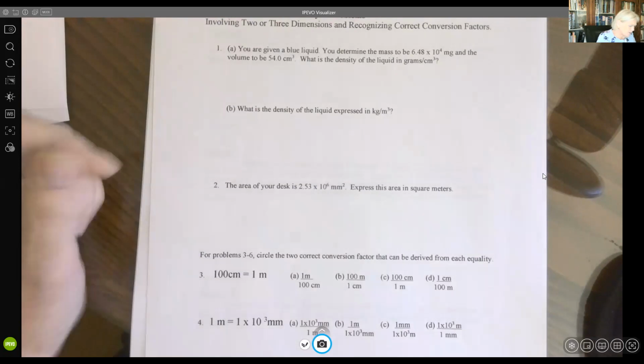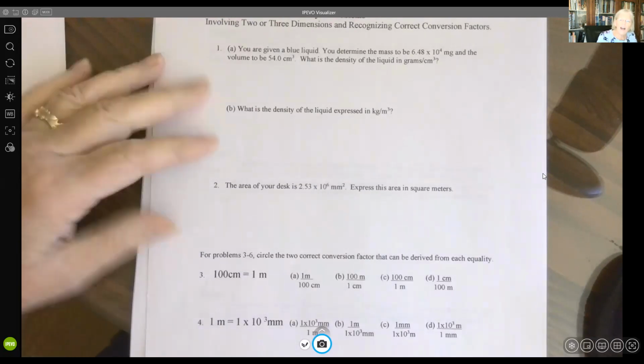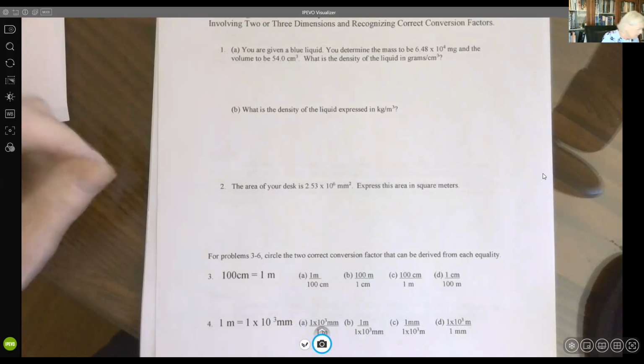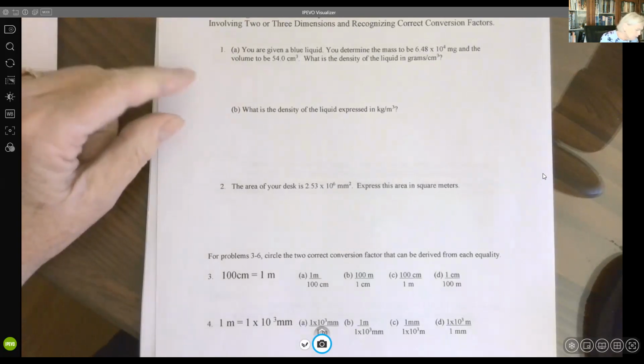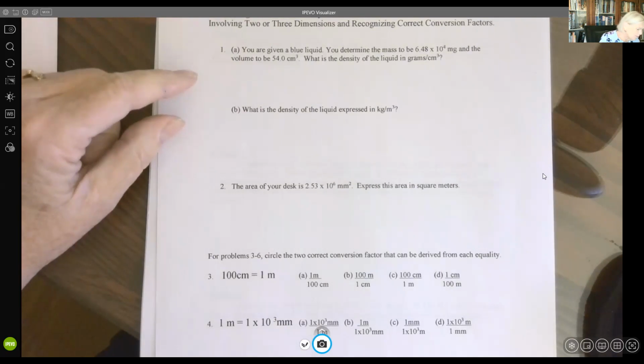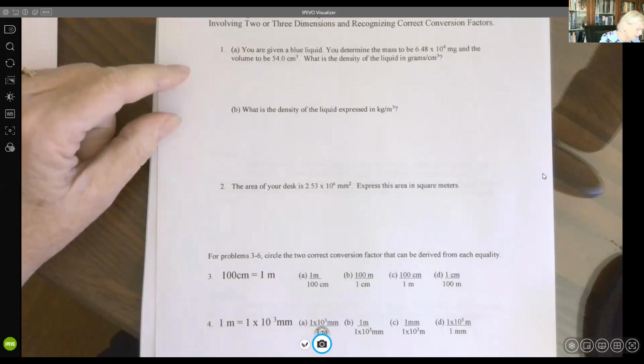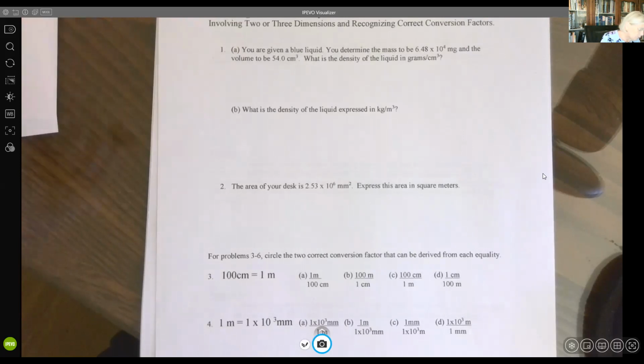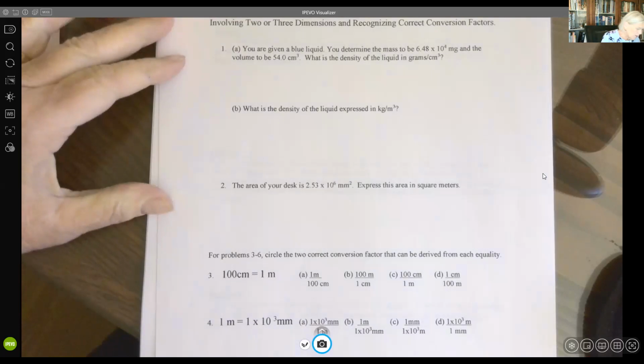2 and 3 dimensions. You've got to find the right conversion factors. So let me talk you through this. Number 1, you're given a blue liquid. You determine the mass to be 6.48 times 10 to the 4th milligrams and the volume to be 54.0 cubic centimeters. What's the density? In grams per cubic centimeter. So here I would write the mass over the volume.